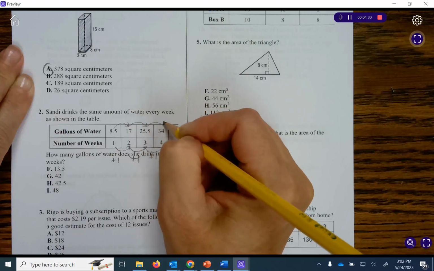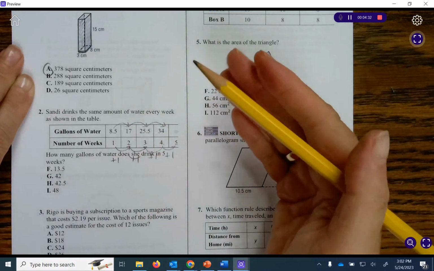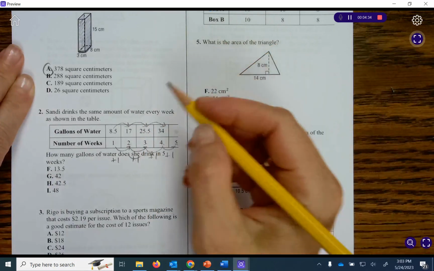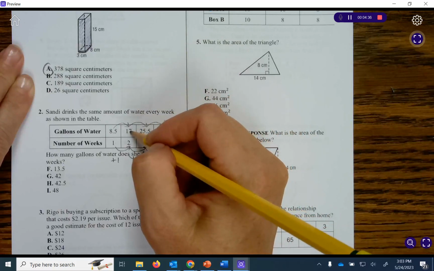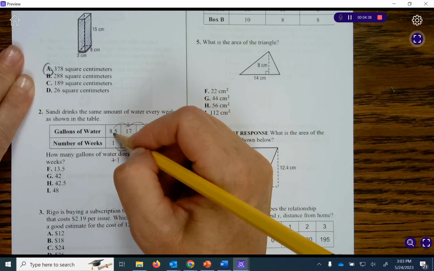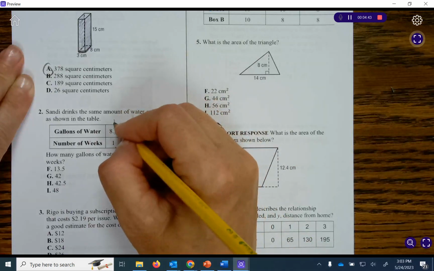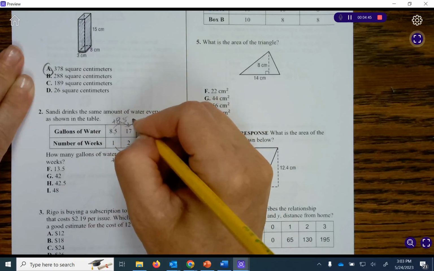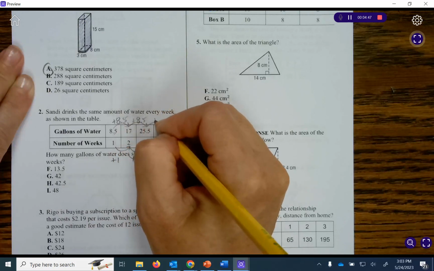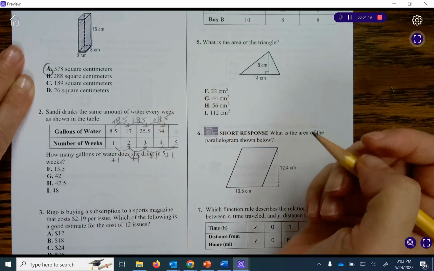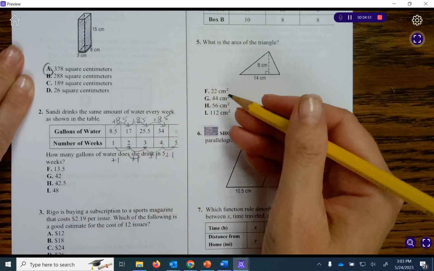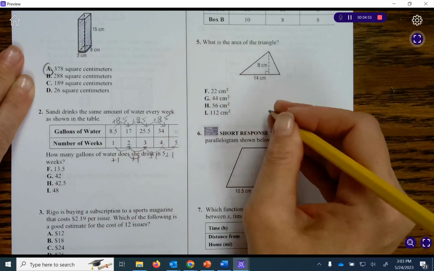When I go horizontally on the top, if you use your calculator, you would do 17 take away 8.5, and you'd get 8.5. So we're going to add 8.5 plus 8.5 plus 8.5. Now, if you didn't know that, you need to go and do that with a calculator now.